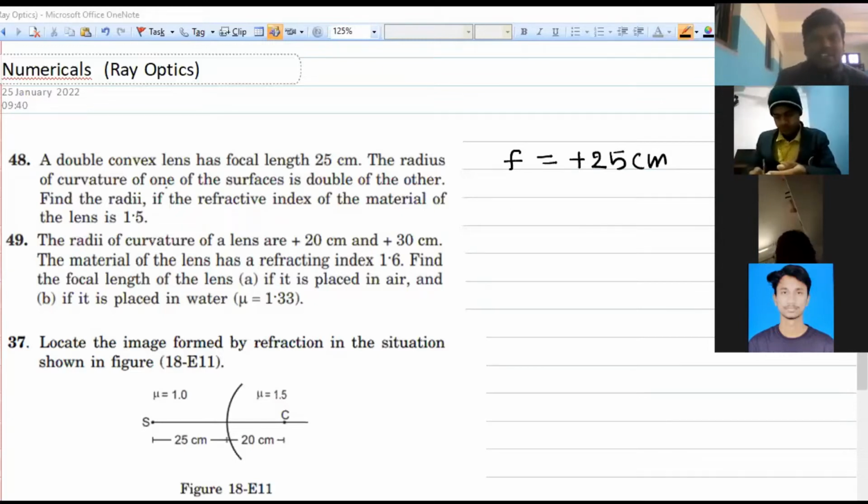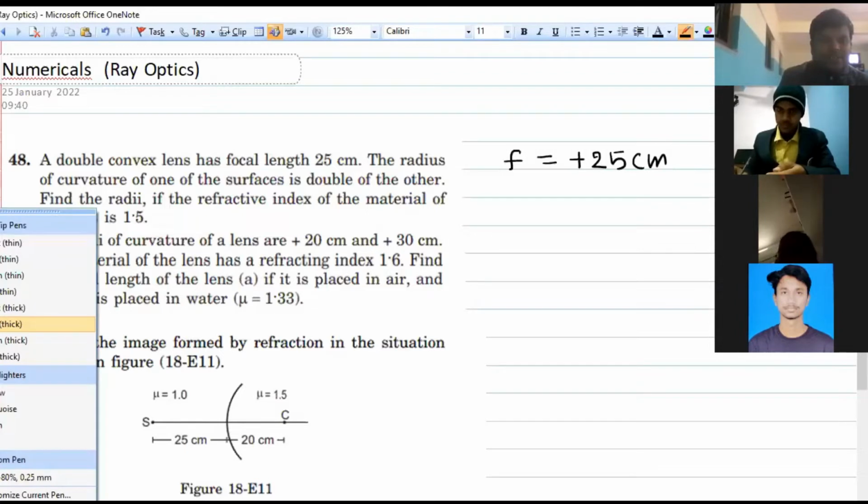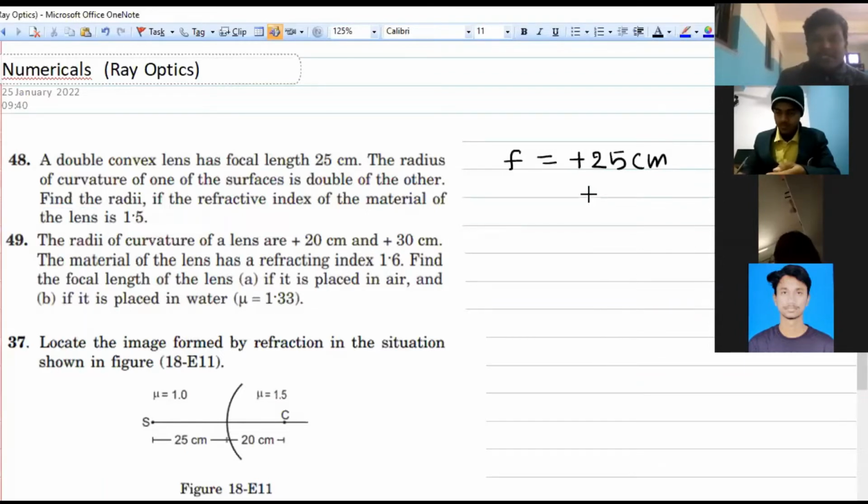The radius of curvature of one of the surfaces is double of the other. Look, this is your double convex lens. Both the surfaces are convex surfaces.